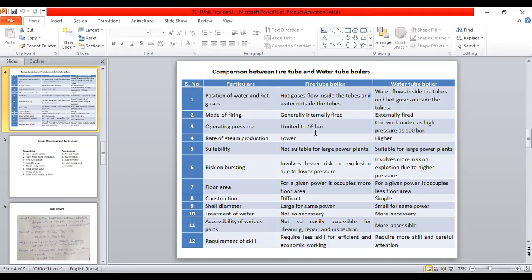Operating pressure is limited to 16 bar for fire tube boilers and greater than 80 bar for water tube boilers. So low pressure is suitable for the fire tube boiler, high pressure for the water tube boiler.